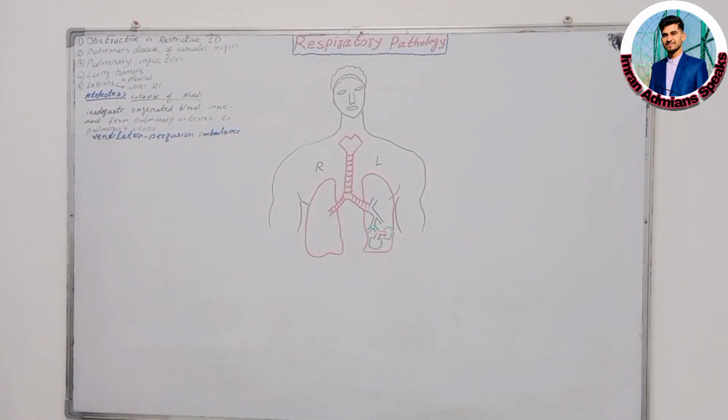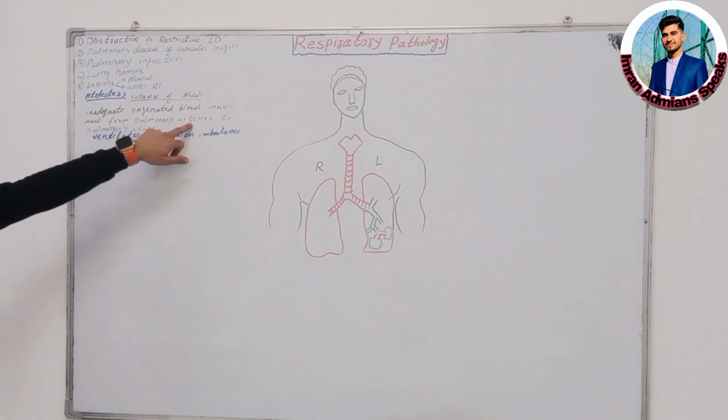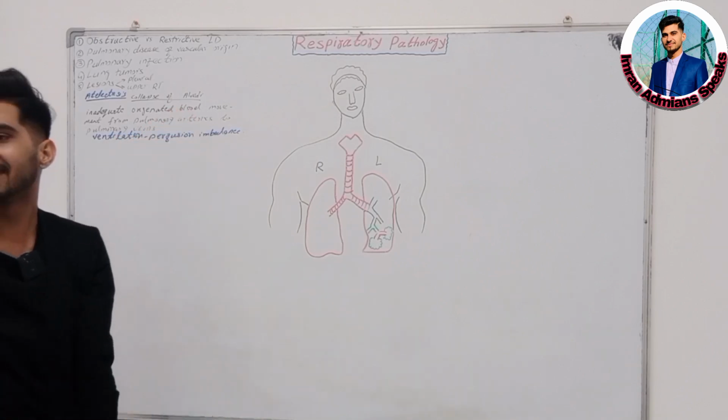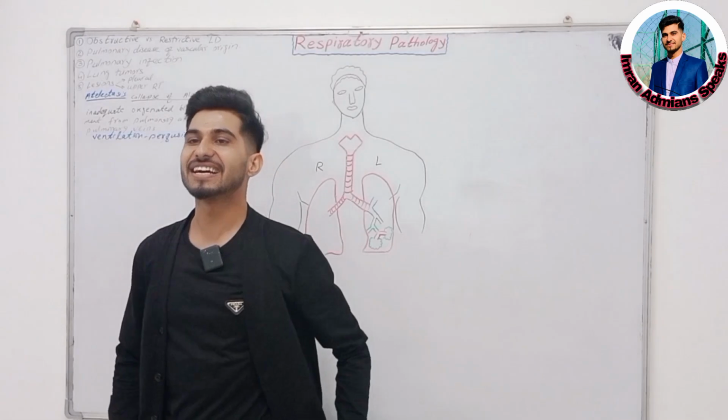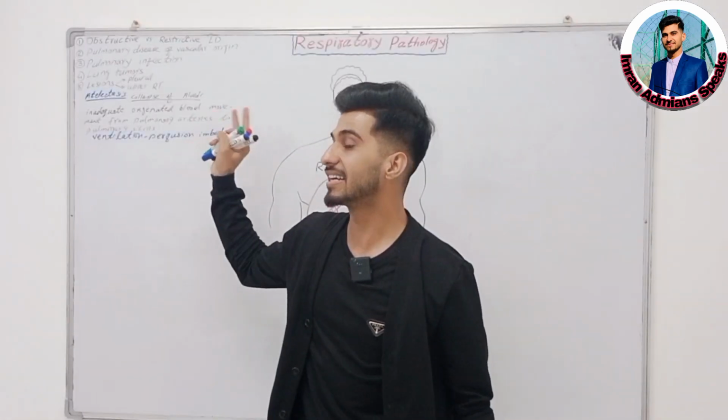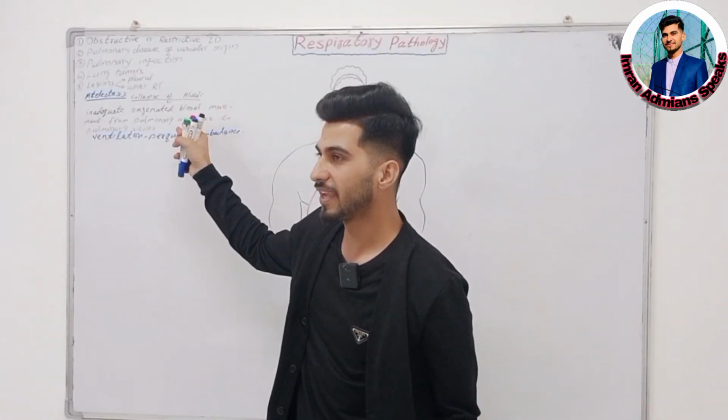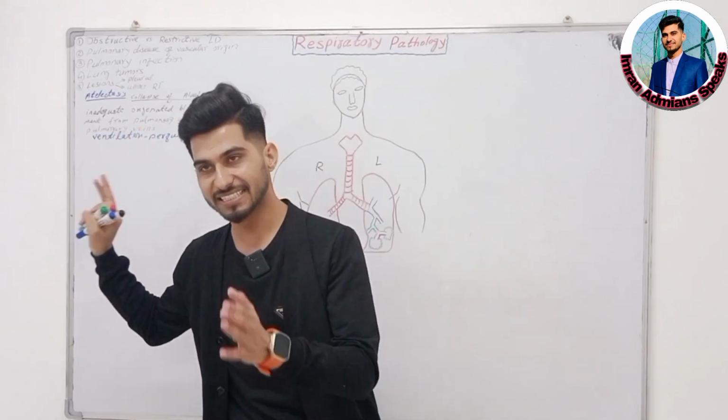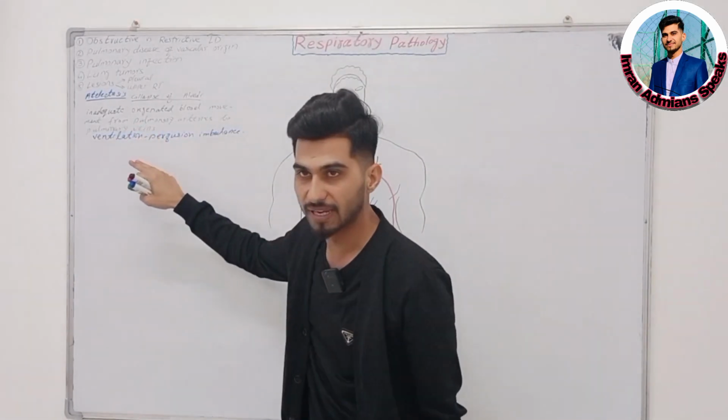So here one thing more, in the pulmonary arteries, from the FSC we have discussed that all arteries contain oxygenated blood except pulmonary arteries, and all veins contain deoxygenated blood except pulmonary veins.